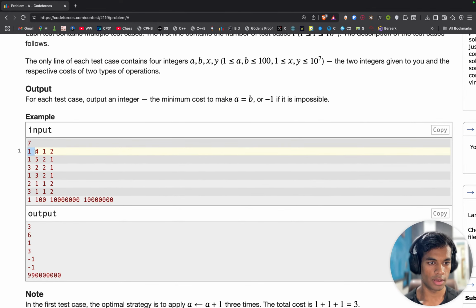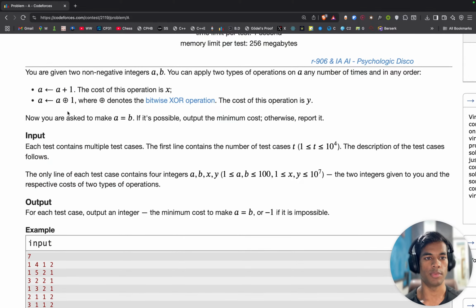So here I have a, here I have b. This is x, cost of adding 1, and this is y, cost of taking XOR. And what does this mean? Adding 1 is pretty simple.